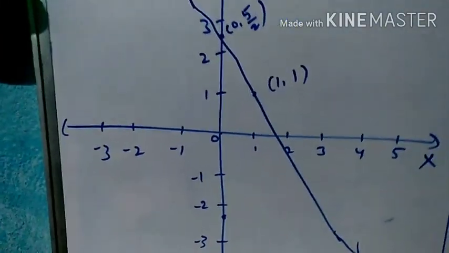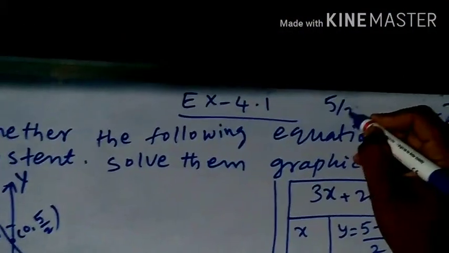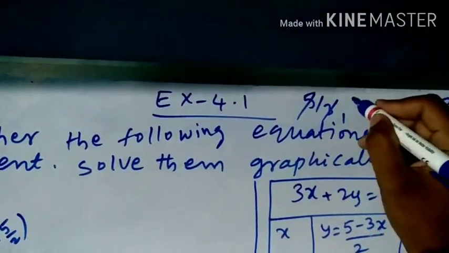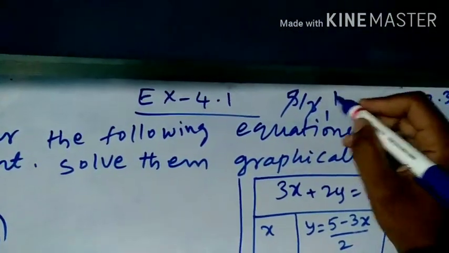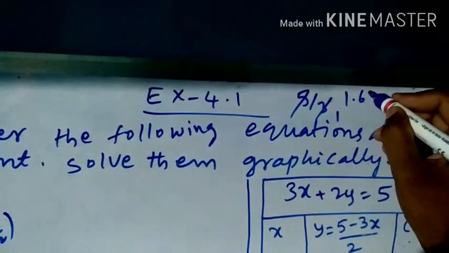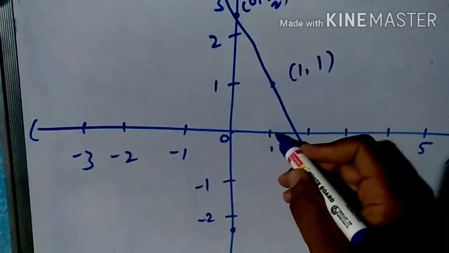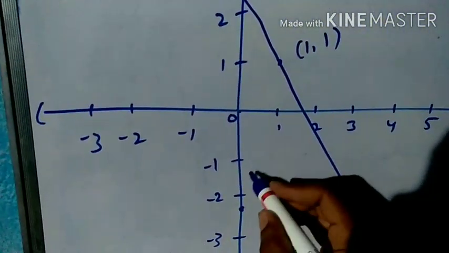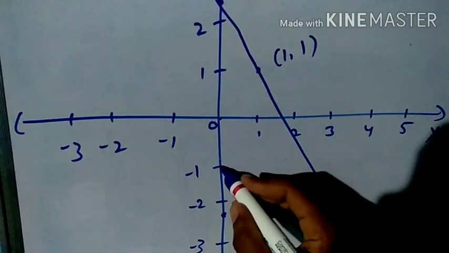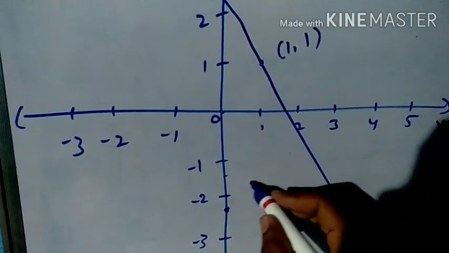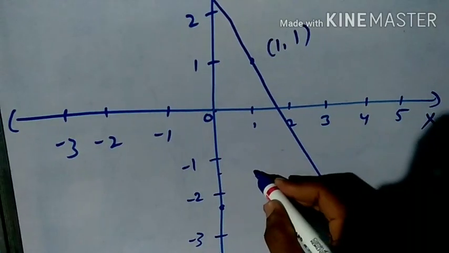Next 1 comma minus 5 by 3. 5 by 3 is 1.66. So 1 comma minus 5 by 3, it is about 1.6.